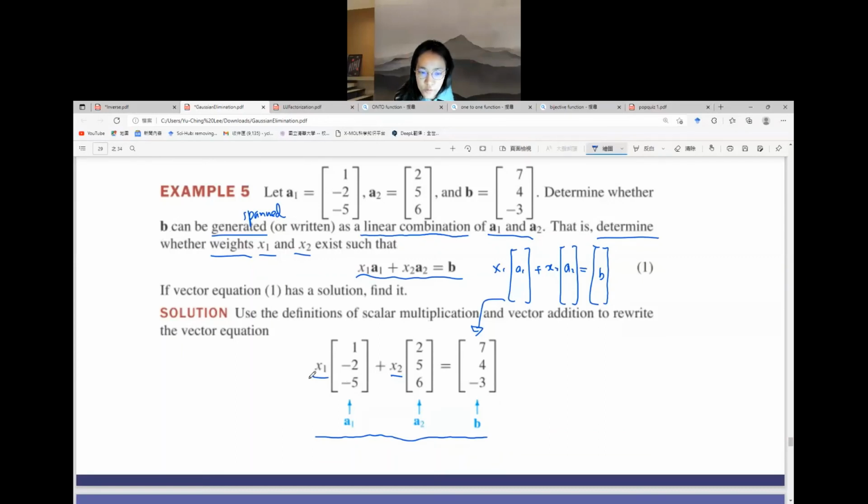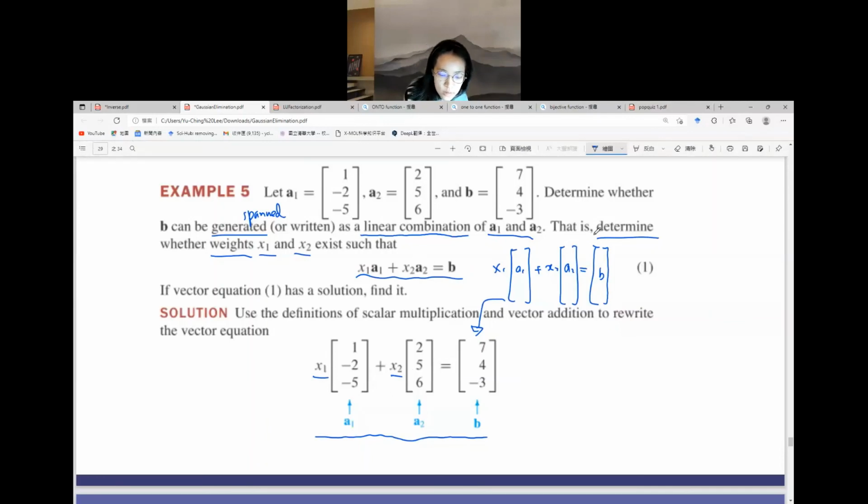If you cannot find such an x, like there's an inner contradiction and you are unable to find x1 and x2, then the answer will be no.